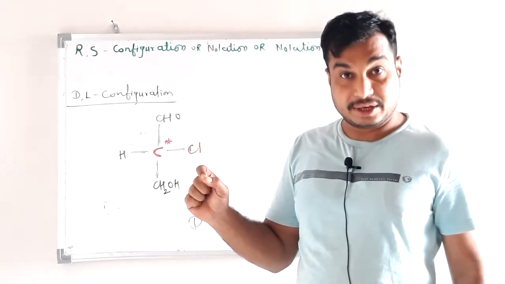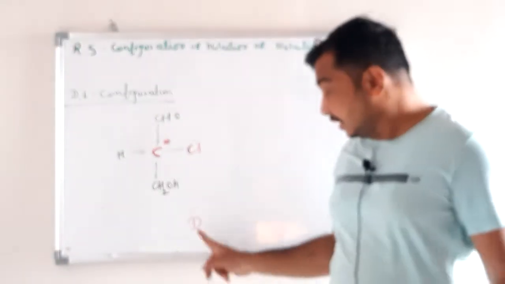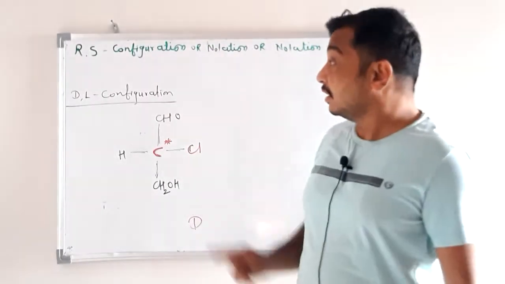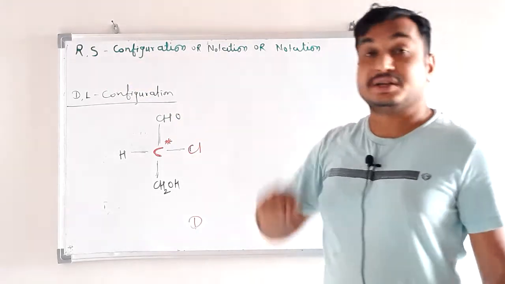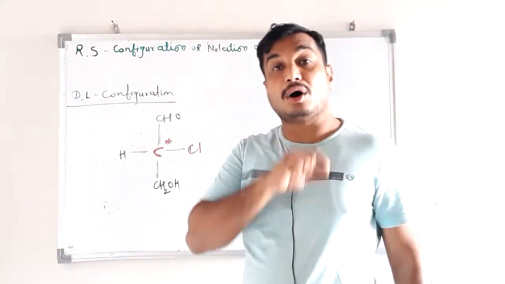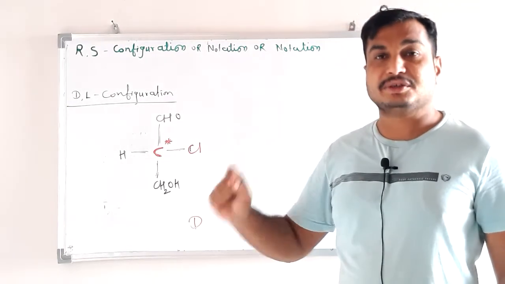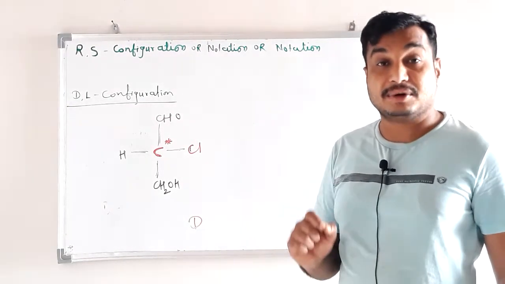R and S, just like D and L. This system is applicable to all types of organic compounds having at least one asymmetric carbon atom.